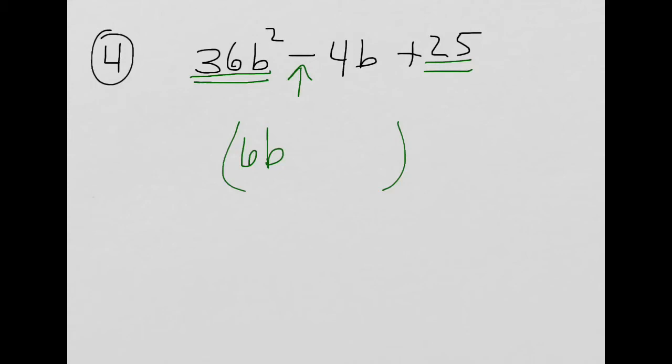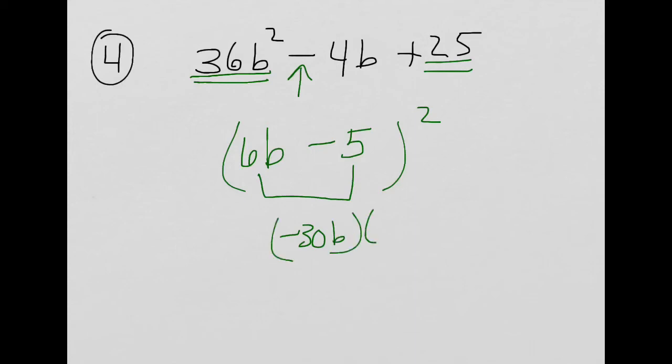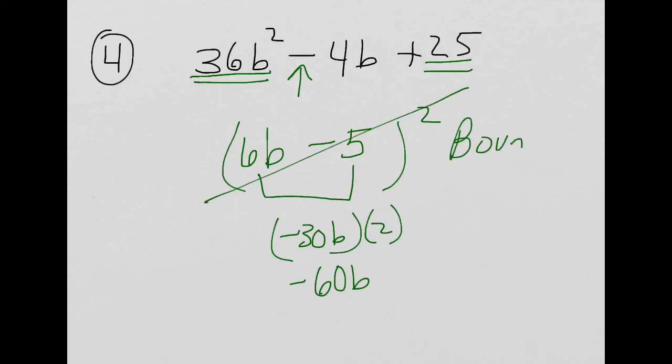Since my middle term is negative, I'm going to need to take that negative root. And now I'm going to check to see if this is the factored version. So negative 5 times 6b gives me negative 30b. And when I double that, it gives me negative 60b. So that means this is not a perfect square trinomial, which means this is not going to be the answer. I would have to use the bounce method in order to factor it.